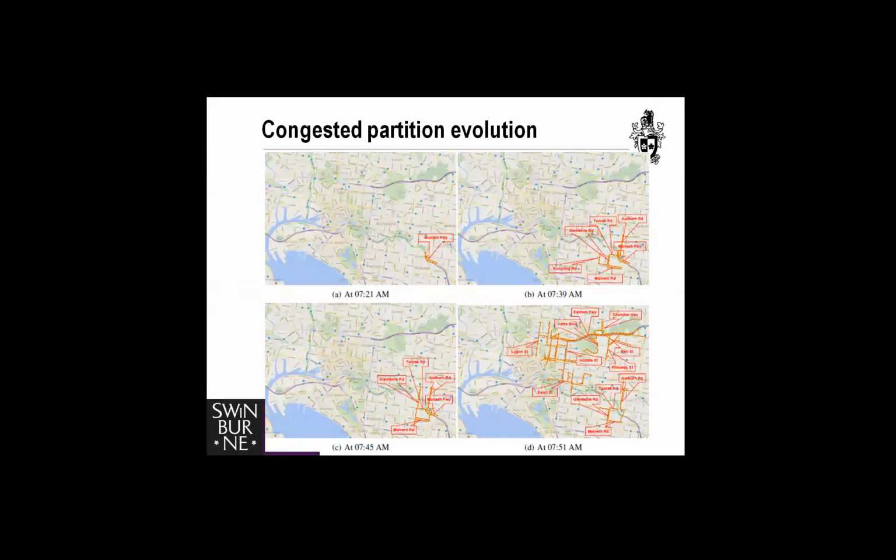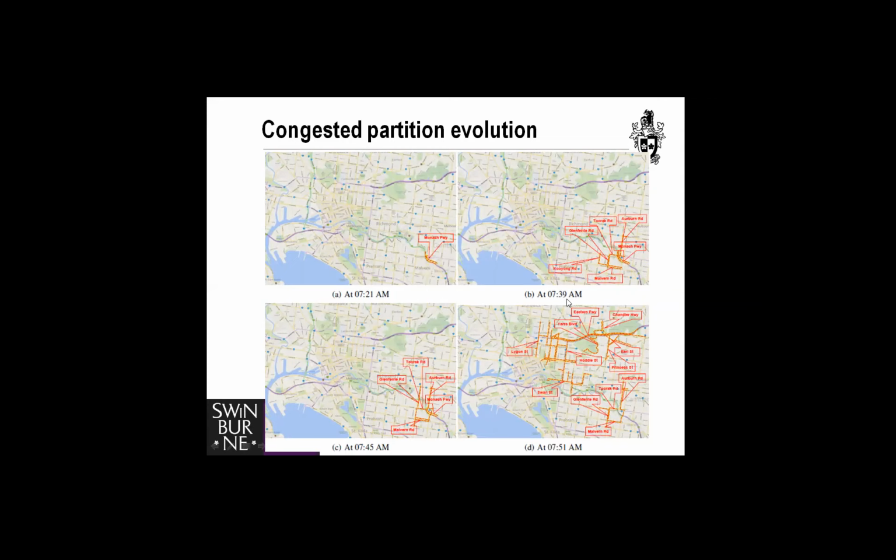Now in the next slide, we use our framework to do a case study about some interesting patterns we have found, about how congestion forms in the morning hours. At 7:21 a.m., we found that on the Monash freeway, at this location, the congestion starts developing.